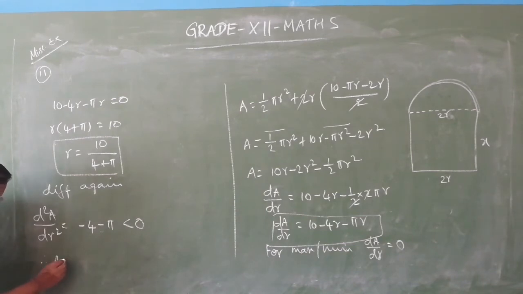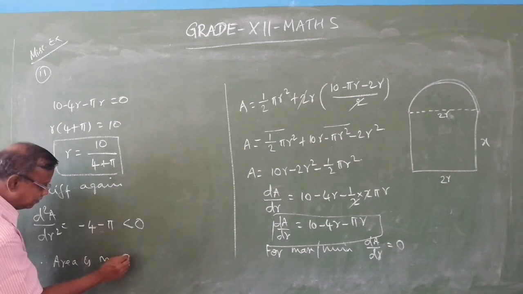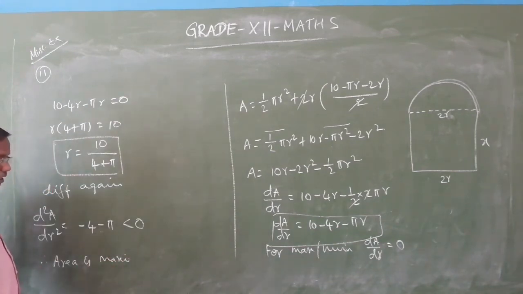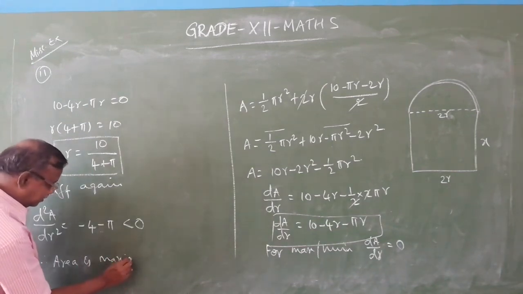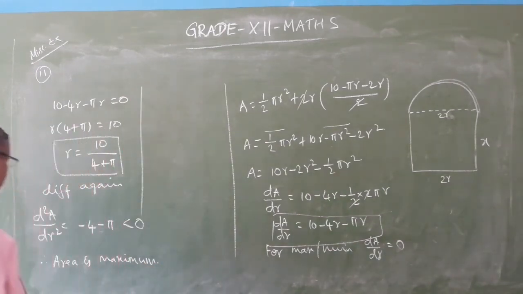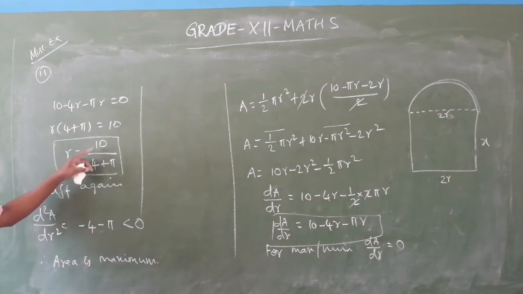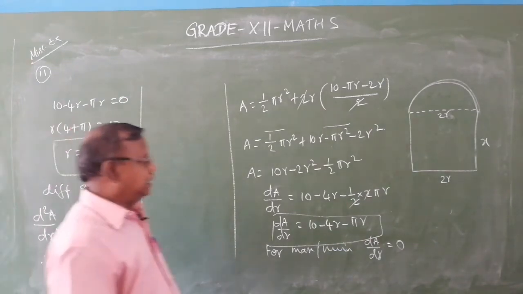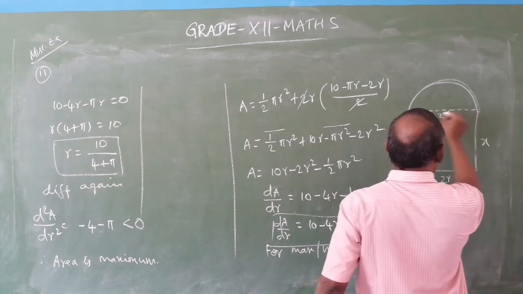Therefore the area is maximum. When the area is maximum, the window admits the maximum amount of light.